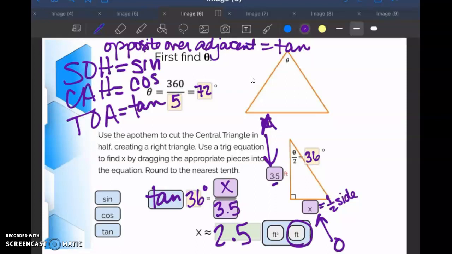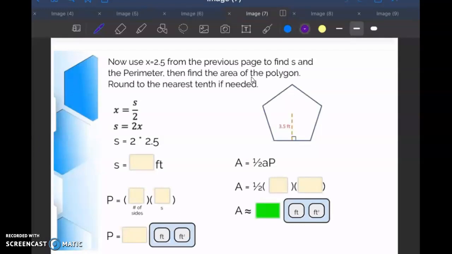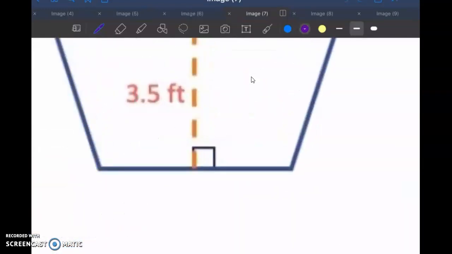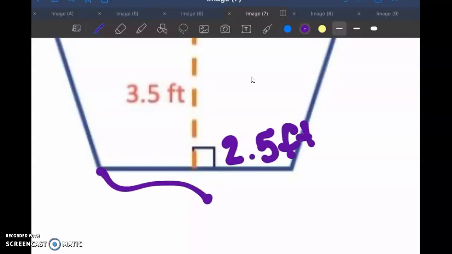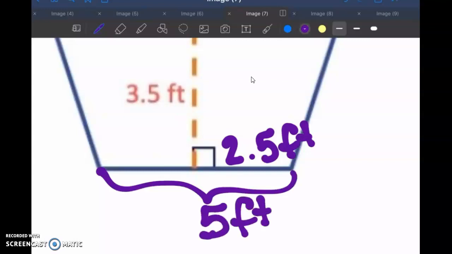All right, so let's take that 2.5 and find the area of this pentagon. We know now that this is 2.5 feet, which means this whole thing has got to be 5 feet, because it's got to be double that.